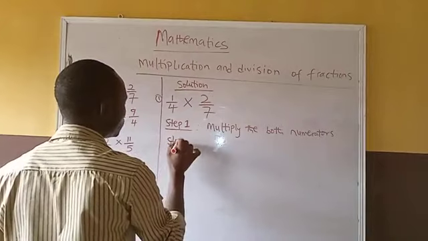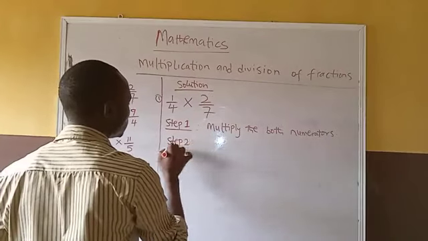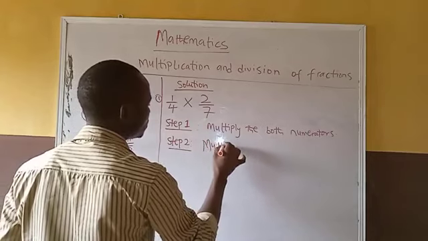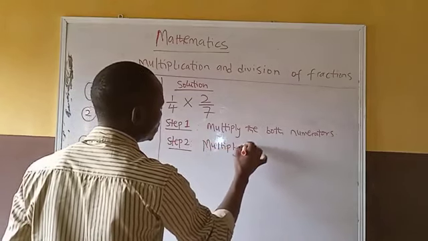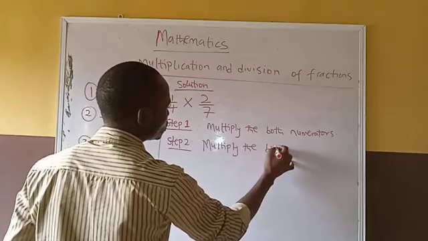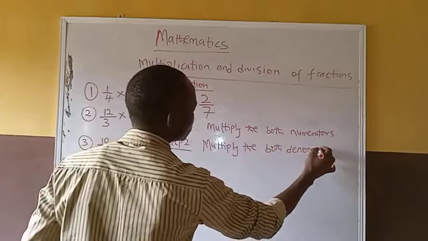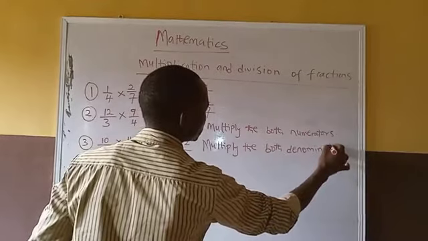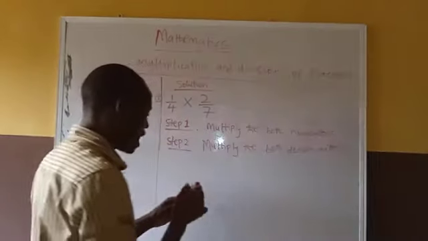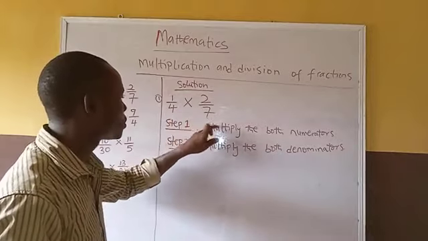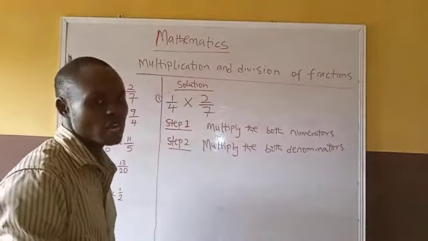Then step 2: multiply both denominators. You understand? After multiplying the numerators, you now multiply the denominators. It will give you a fraction.